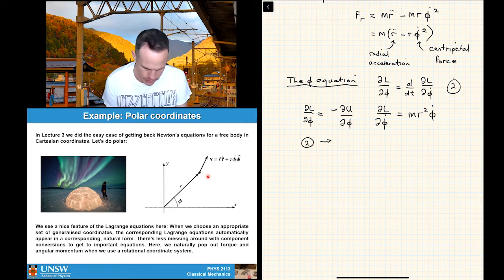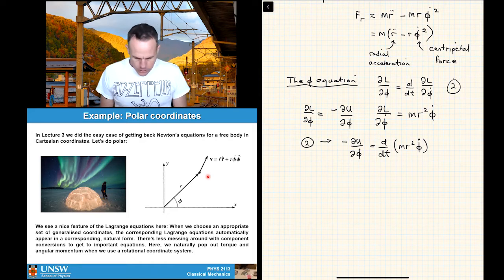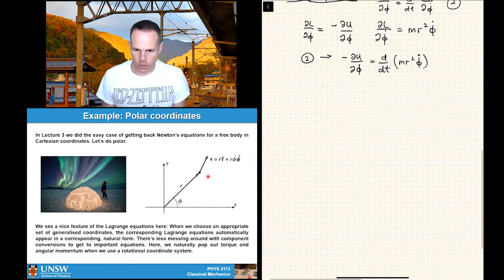And so what we've got here is minus dU/dφ is equal to d/dt of m r squared phi dot, okay? All right, to go any further, we need to deal with the dU/dφ.